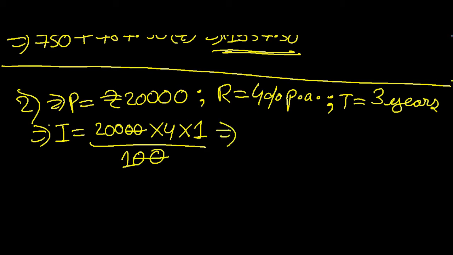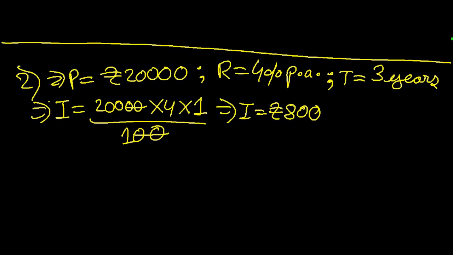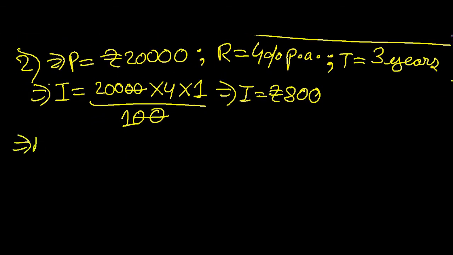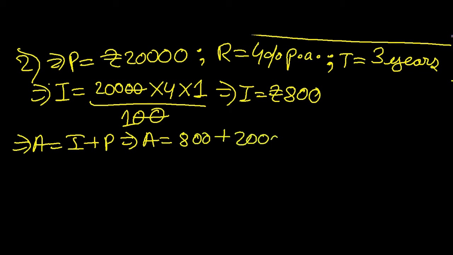Zeros are cut and interest is rupees 800. So again, the amount at the end of the first year is I plus P. Interest plus principal. 800 plus 20,000, which is amount is equal to 20,800 in rupees.